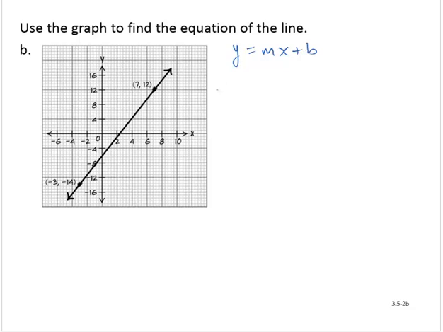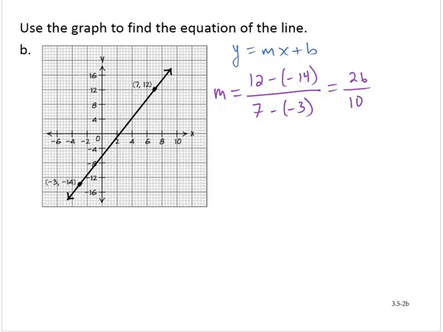So m would equal (y2 minus y1), 12 subtract -14, over (x2 minus x1), 7 subtract -3. 12 minus -14 is 12 plus 14, that's 26. 7 subtract -3 is 10.